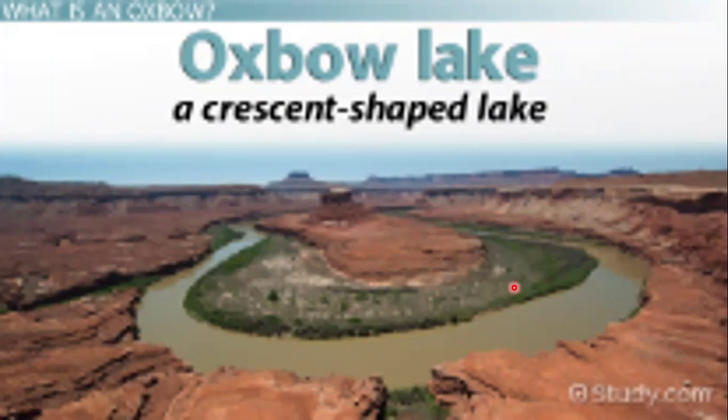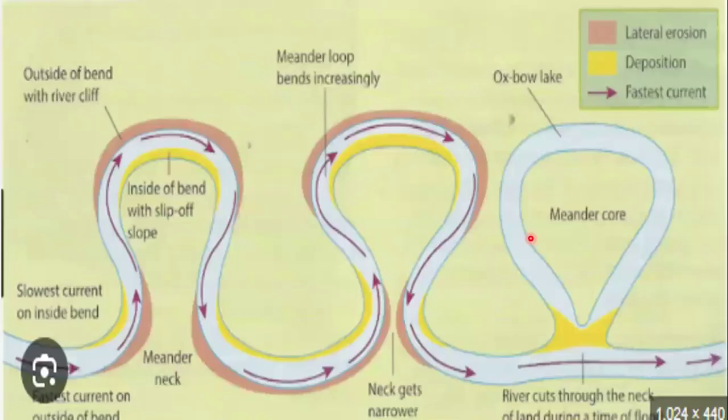One of the important depositional features formed by the river is the Oxbow Lake. Oxbow lakes are formed by the river in its middle course as well as in its lower course.